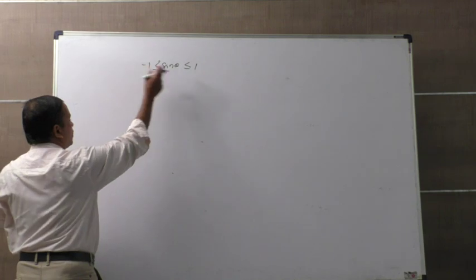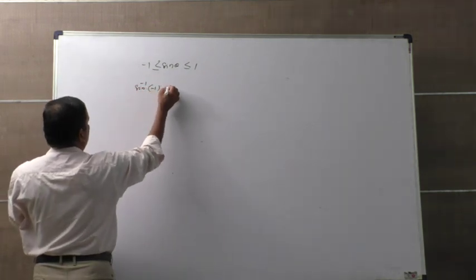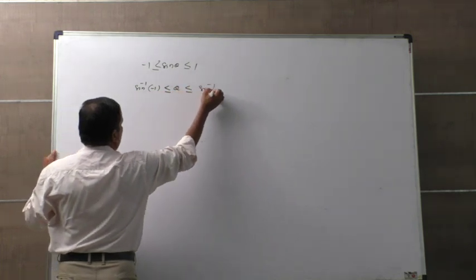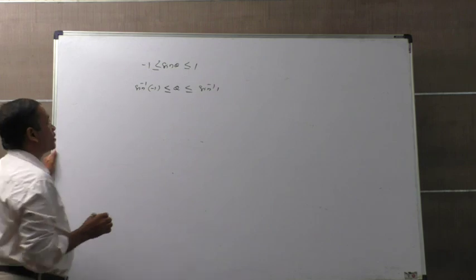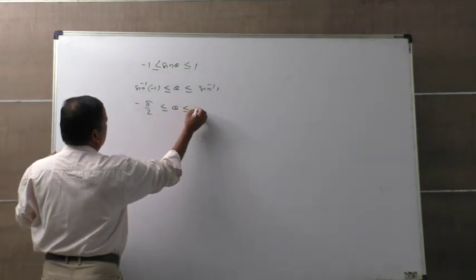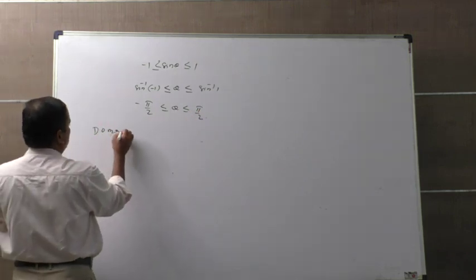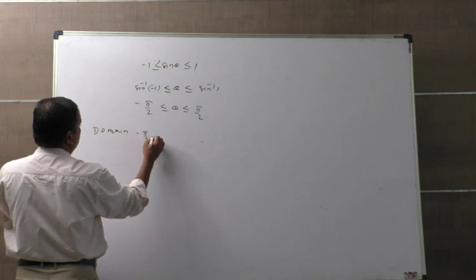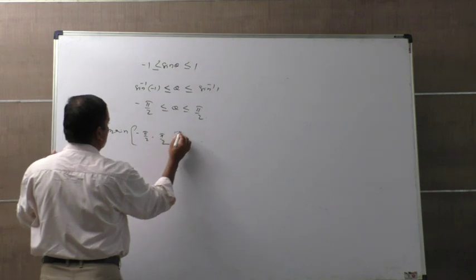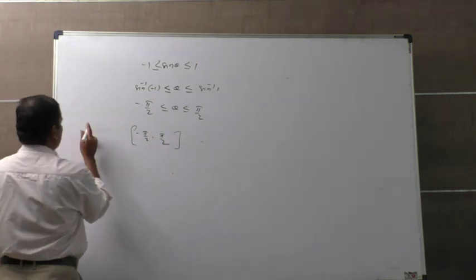If we take the inverse, sin inverse -1 is less than or equal to theta less than or equal to sin inverse 1. Sin inverse -1 means -pi/2 less than or equal to theta less than or equal to pi/2. So this is the range.